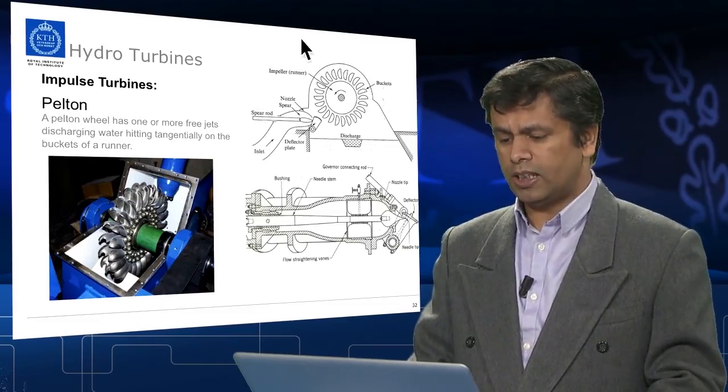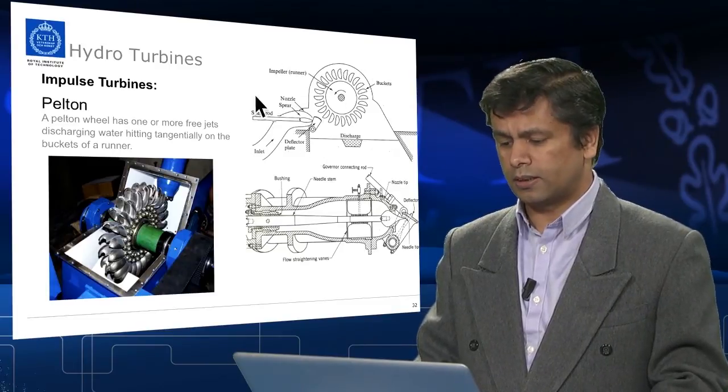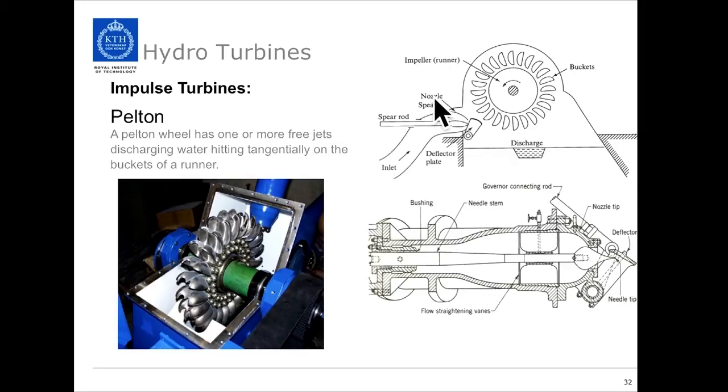And you can see here the turbine's schematic diagram, where you can see the buckets and the nozzles, and also there is a spear rod to control the nozzle valve, and there is also a deflector plate, and this deflector plate is mainly used for emergency purposes.